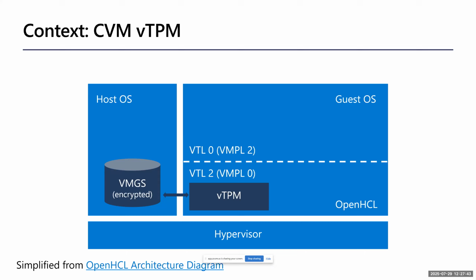Yeah. I guess what I was wondering is, in SNP, is it possible for software running in VTL0, or in VMPL2, to just go get its own attestation report directly from the CPU without going through OpenHCL? Because I think the user data thing that you're talking about, Greg, is essentially an add-on feature provided by OpenHCL.